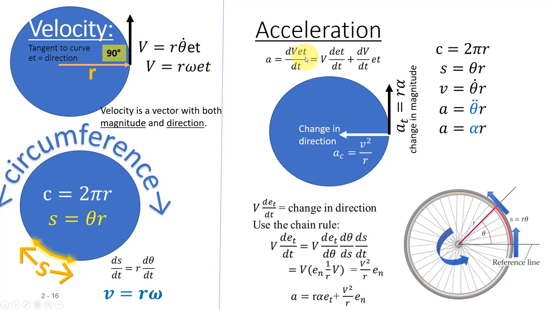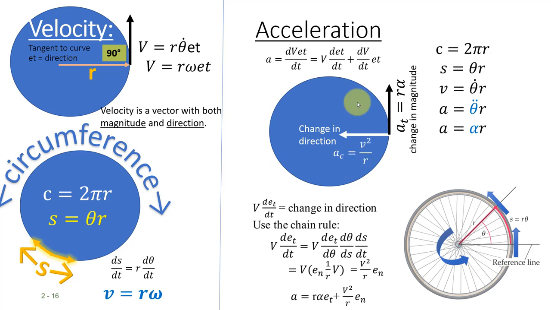So the direction, that's maybe I'm headed north and I turn and now I'm headed east. So my direction has changed. I could be going 30 miles an hour north and then 30 miles an hour east, but my velocity has changed purely because my direction has changed. When you're going through rotational motion, there's constantly a change in direction happening.